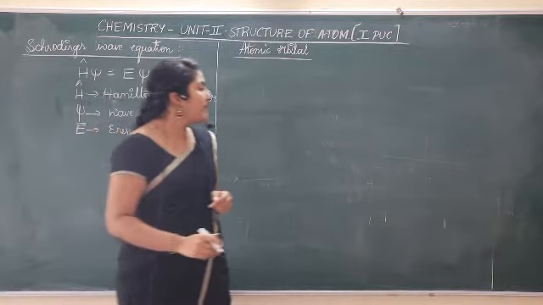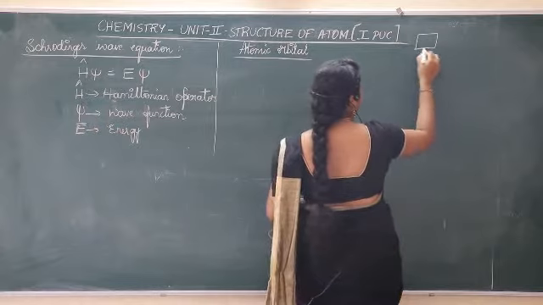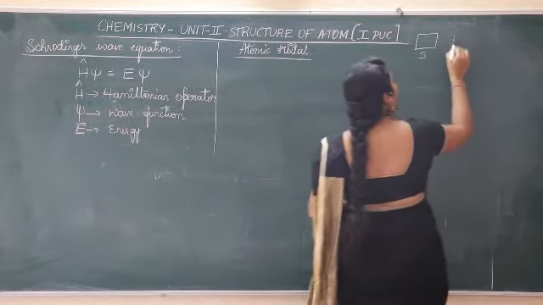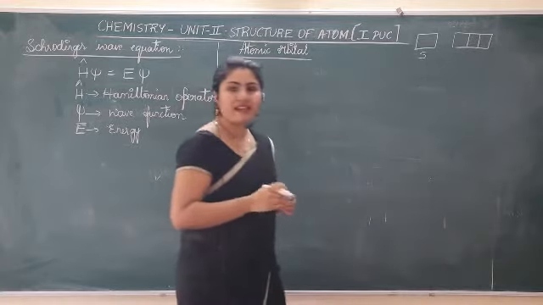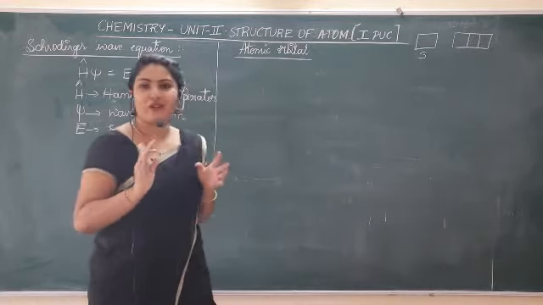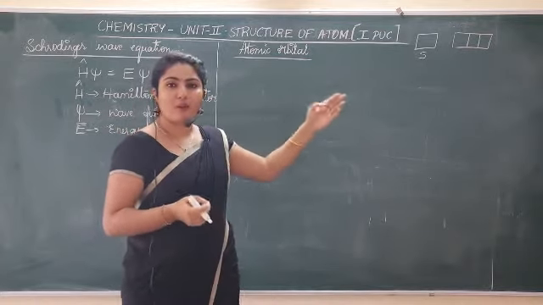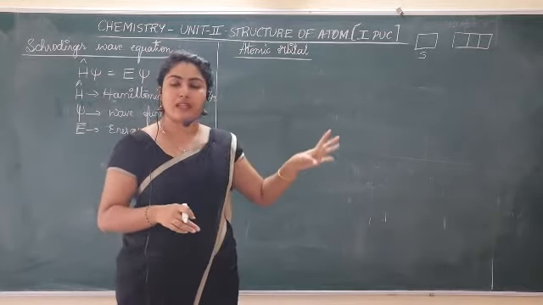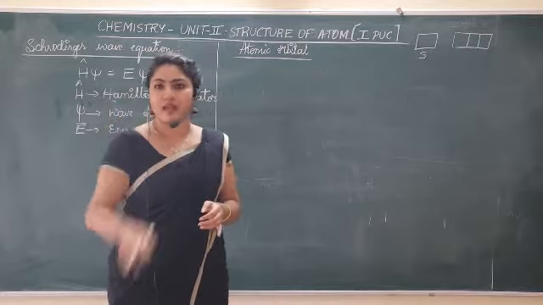For example, when we write electronic configuration, we write an s orbital with 1 box and a p orbital with 3 boxes. Those are called atomic orbitals. So s is an orbital, p is an orbital. Those are the spaces where the electrons are present.